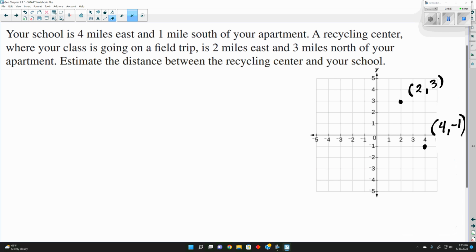Now, we could count those if it was on a straight line. Because if it's going straight up and down or left and right, then we can just count. But unfortunately, on the diagonal, it's not that exact measure. So for this here, we need the distance formula.